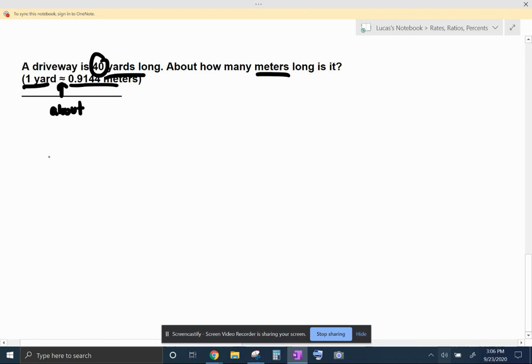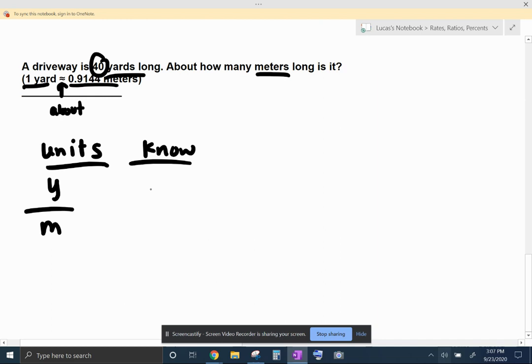First we're going to start with our units. Our units are yards and meters. Then we're going to go with what we know. What we know is that 1 yard is equal to 0.9144 meters. Then we're going to type in what we need to know.